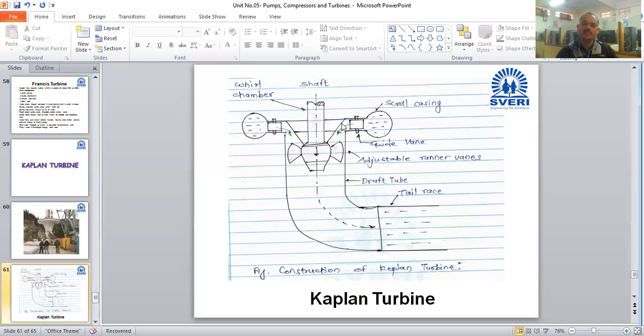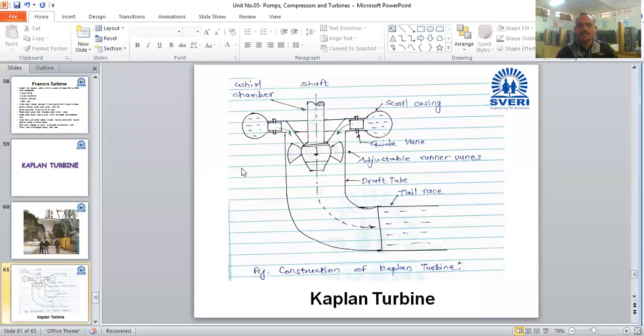Here again the pressure drops below atmospheric pressure, so again we are using a draft tube. What is the function of the draft tube? A draft tube means bigger pipes whose area goes on increasing.